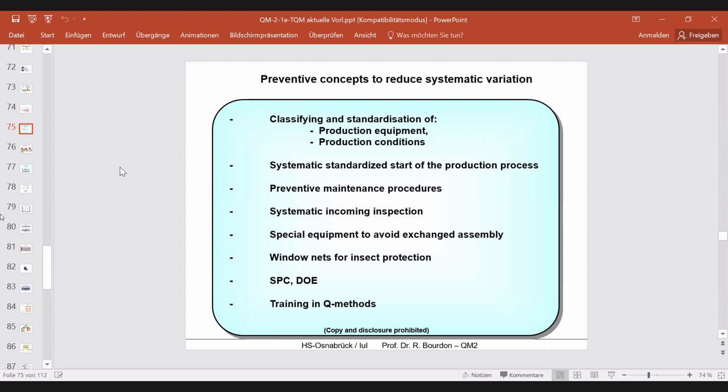These are only examples here: classifying and standardization of production equipment, production conditions, systematic standardized start of the production process, preventive maintenance procedures, systematic incoming inspection for the purchased parts or for the material, special equipment to avoid exchanged assembly, window nets for insect protection, SPC, DOE, or training in quality methods.